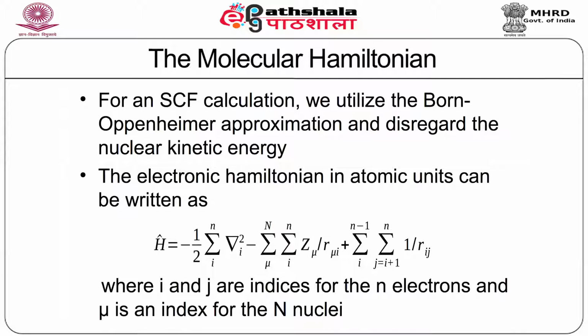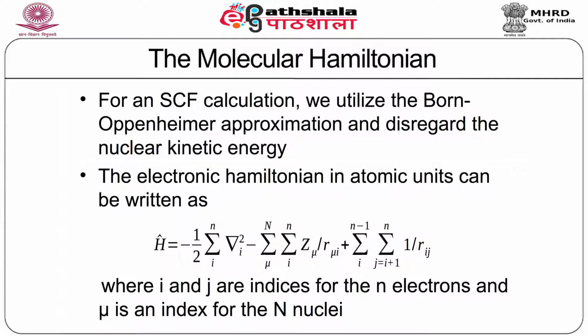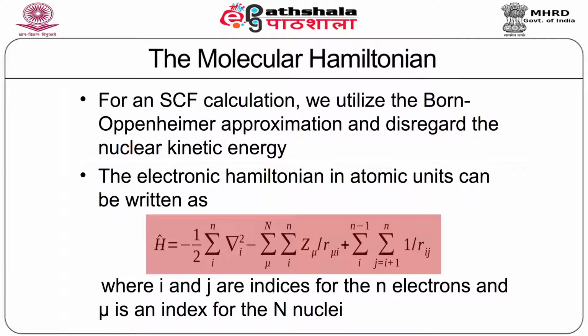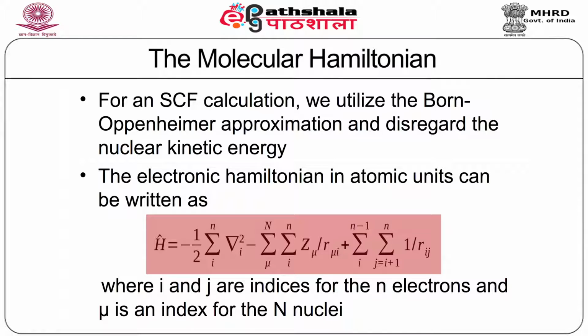So, the molecular Hamiltonian in atomic units can be written as seen on the screen, that is H equals minus half sum over i del i squared, minus sum over mu sum over i Z mu by R mu i, plus sum over i sum over j 1 by R i j, where i and j are the indices for the n electrons and mu is an index for the capital N nuclei.